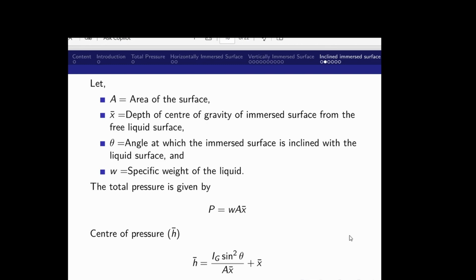That's why we couldn't see this sine squared theta in the previous examples. But for inclined immersed objects, you have to include the angle. The only difference is this sine: moment of inertia times sine squared theta.